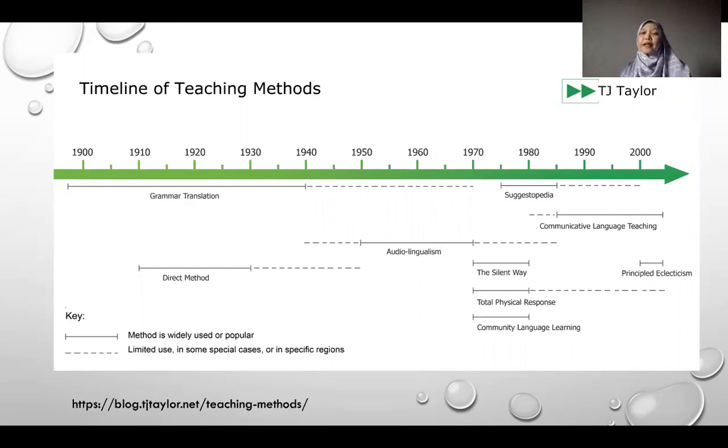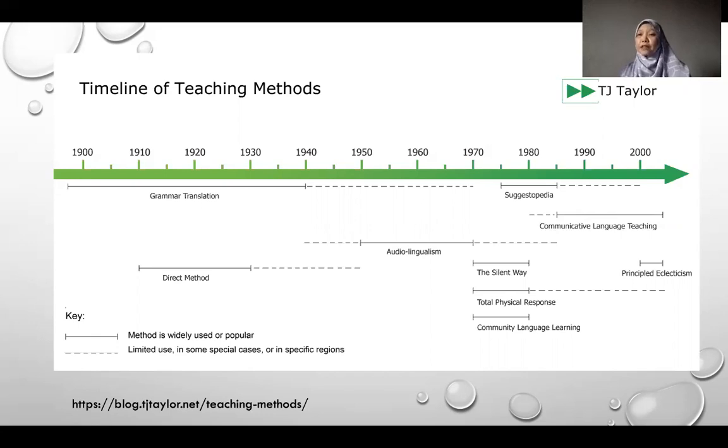And then in the early 1970s, three teaching methods were introduced, which were silent way, total physical response, and community language learning, followed by suggestopedia in the midst of 1970s.